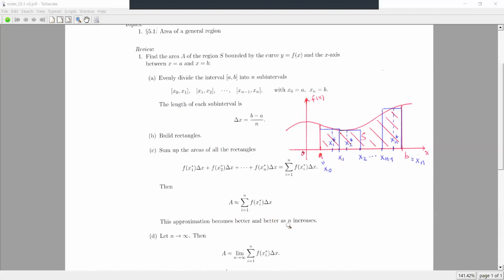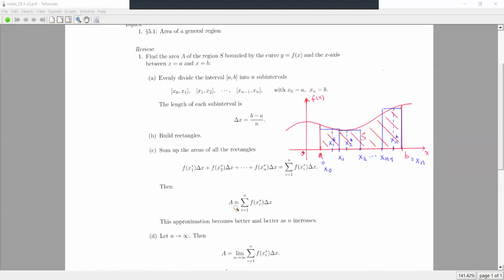When n is larger, what is n? N is the number of rectangles. When you use more rectangles to approximate the region S, then this approximation is better, more accurate.